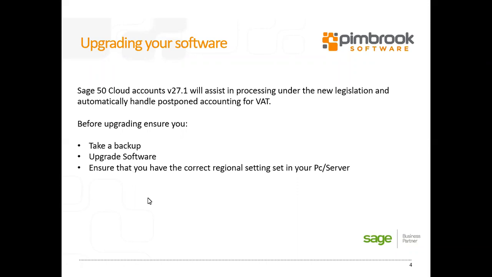If you're based in Ireland, your regional settings should be set to Ireland. Now, the first thing, before you upgrade, check your regional settings, take a backup of your software, and then you can run the software installation.